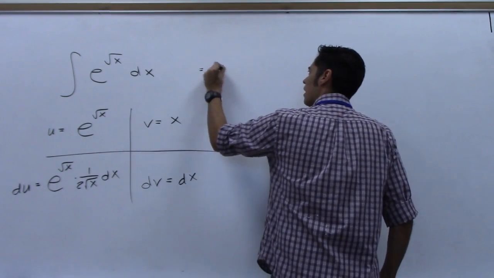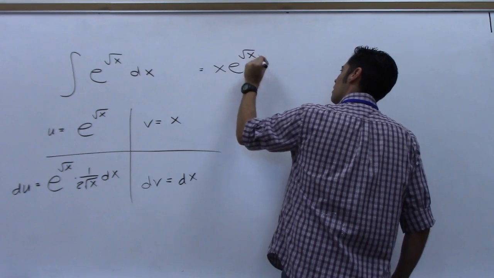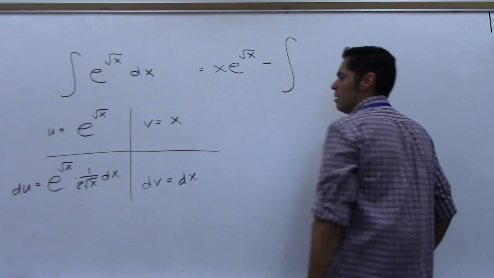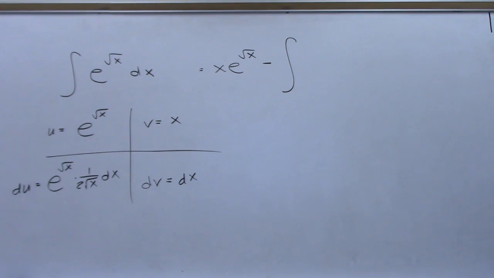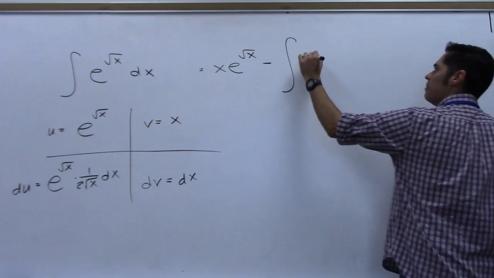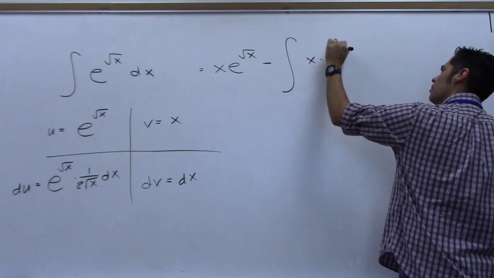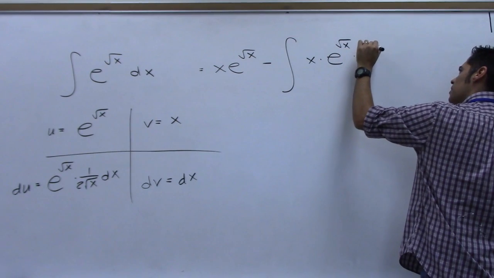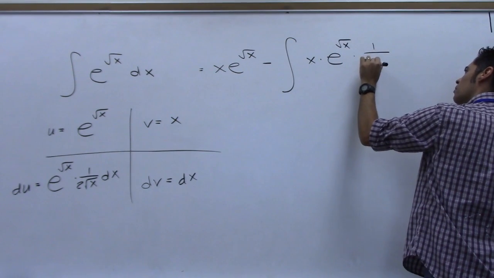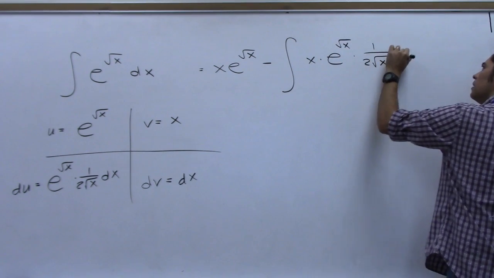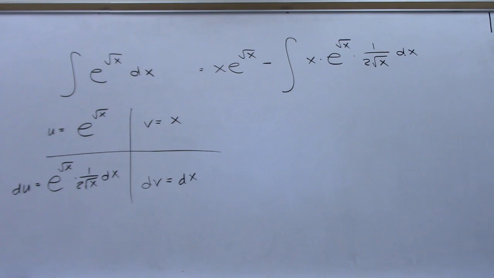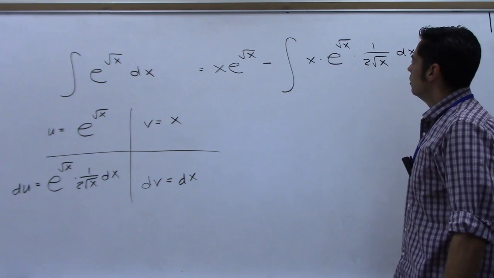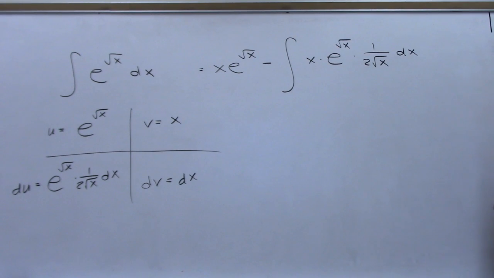Ultraviolet, x e to the root x, minus integral voodoo is x times e to the root x times 1 over 2 root x, like that, dx. Do you agree? What else could we do with that?